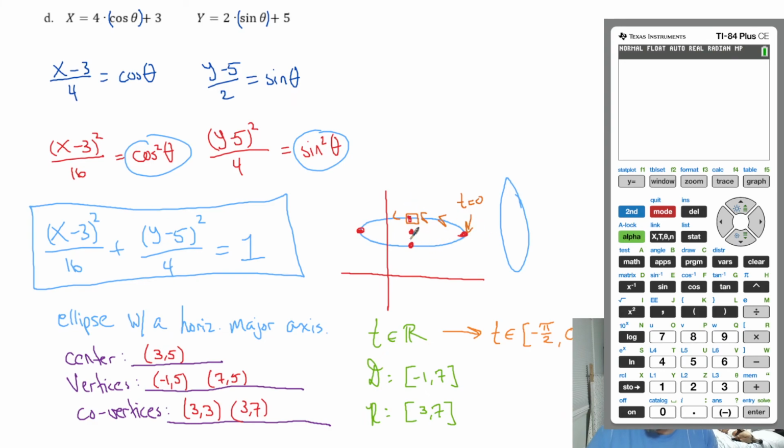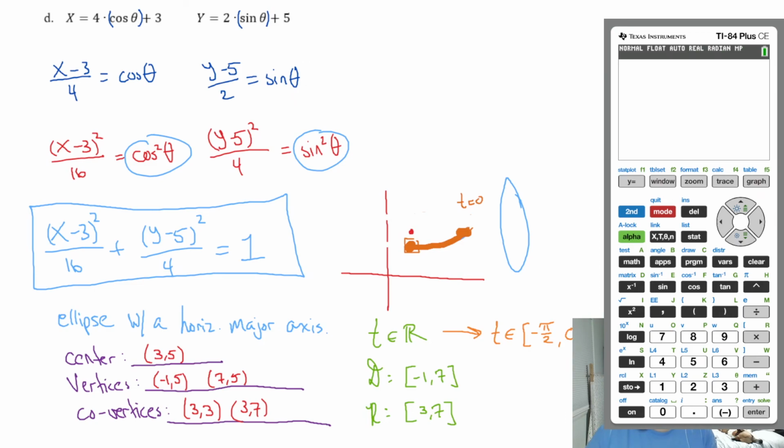So negative pi over 2 would be here. So negative pi over 2 to 0 would be just this piece and none of the other stuff. So if we restricted our t value, all of this would go away. And what you would see is just a quarter of an ellipse, right?